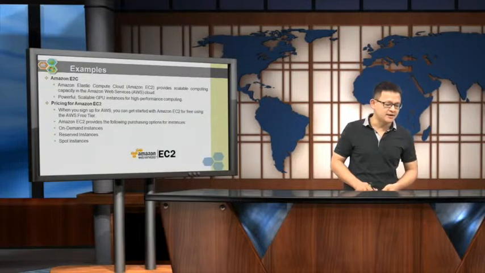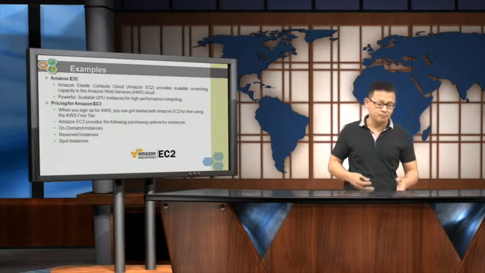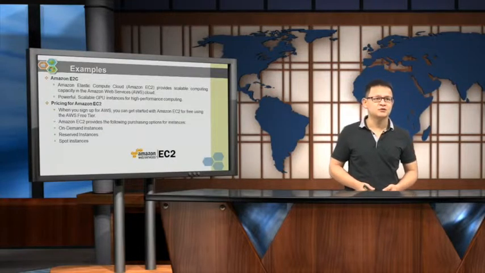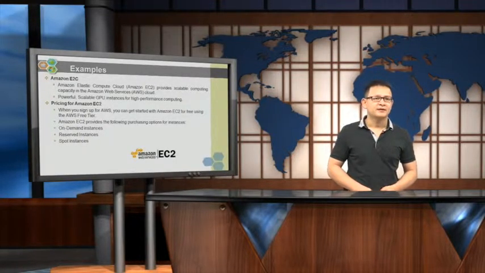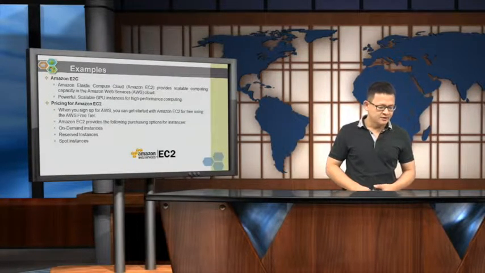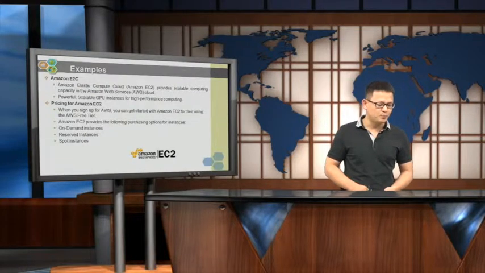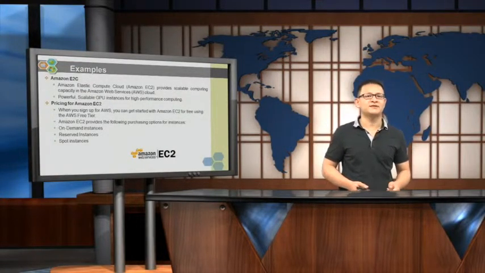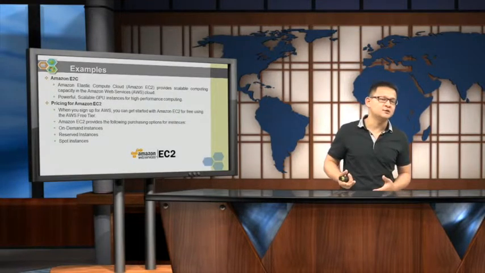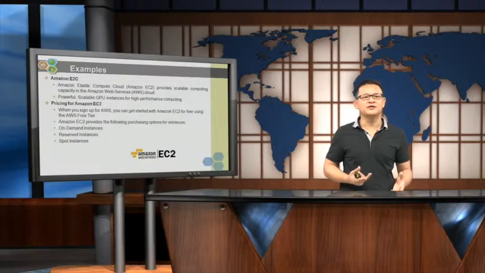I give an example here, a very popular one that many users use as an IaaS cloud infrastructure: Amazon EC2. Amazon Elastic Compute Cloud, or Amazon EC2, provides scalable computing capacity in the Amazon Web Services cloud. It's very powerful. It provides you scalable GPU instances for high performance computing.